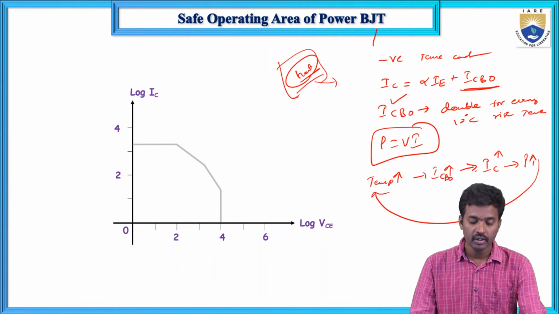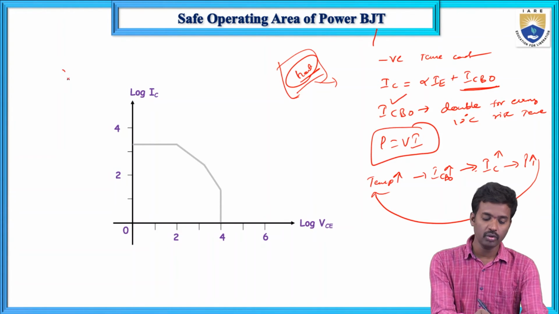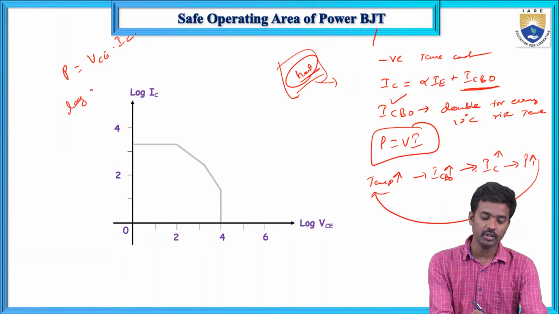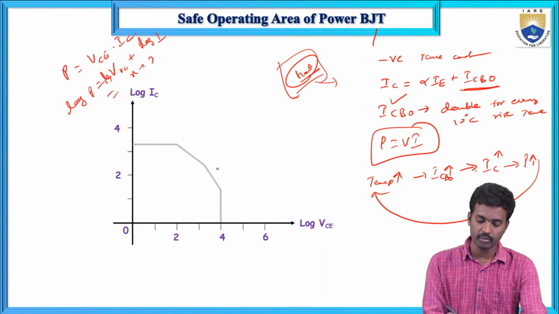Now we know P equals VCE into IC, so maximum power is given by this. If you apply the logarithm, log of P equals log of VCE plus log of IC. This is in X plus Y format, which means it is a straight line.